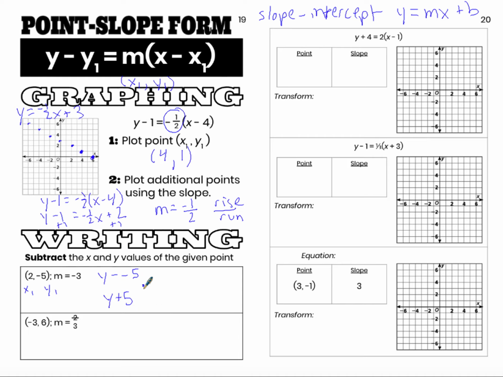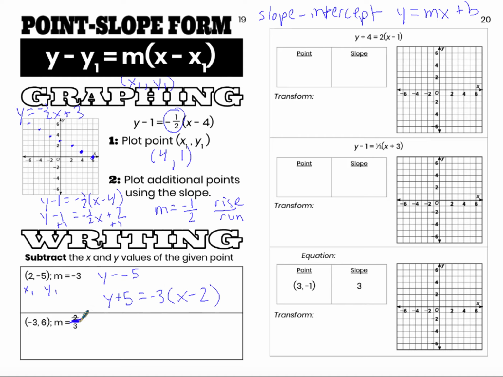I'm going to write y plus 5 equals m, the slope, times x minus x1, times x minus 2. This is the point-slope form of that equation. I could again write it in slope-intercept form, distributing the negative 3, subtracting 5, and I would get y equals negative 3x plus 6 minus 5 plus 1.